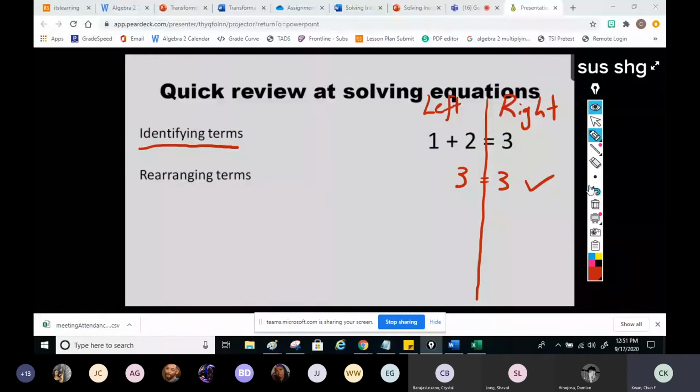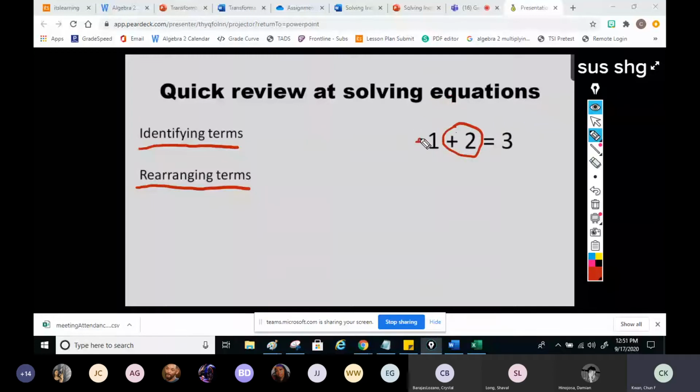All right. And then the next thing I want you guys to do is practice how to rearrange the terms, okay? You guys should have learned it back in Algebra 1 already, but we're going to do it over again. So a term, as I said earlier, is the number and the sign in front of it. So this is one term right here, and right here, this is also one term. So when we rearrange, if they're on the same side, you can move them forwards and backwards.